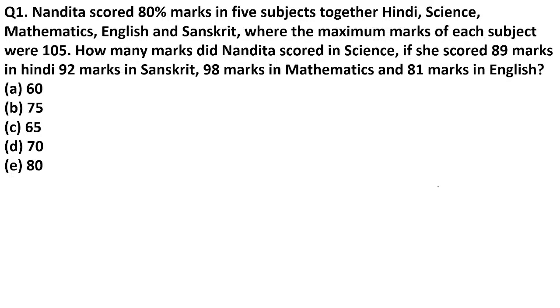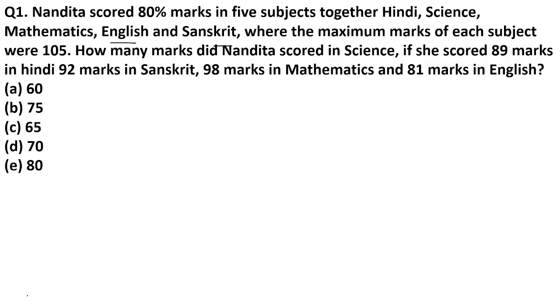So all categories of questions we have discussed till now, students. So we'll be practicing a few questions. Okay. So look at question number 1. Try to solve this. Nandita scored 80% marks in 5 subjects together. Please focus and understand the question first. What is given here? Nandita had scored 80% marks in 5 subjects. Which are those subjects? Hindi, Science, Mathematics, English and Sanskrit.